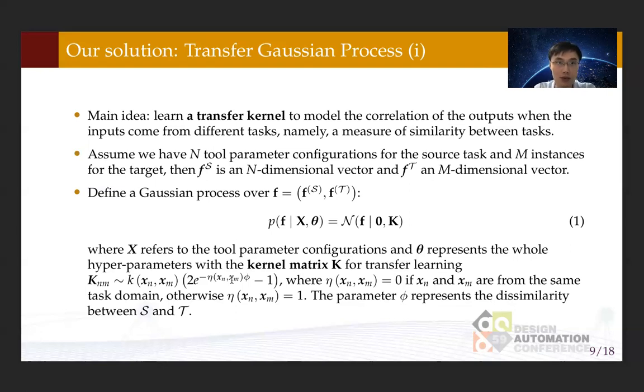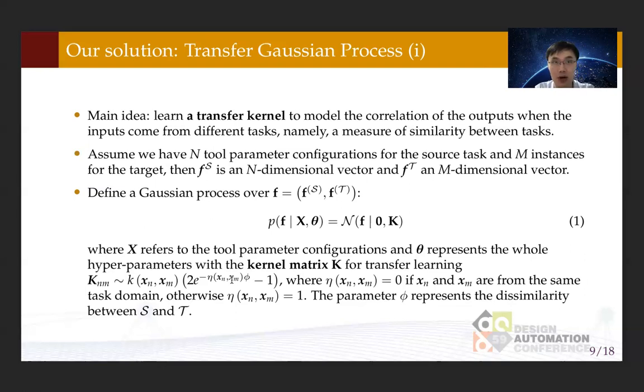The parameter rho represents the dissimilarity between the source task and the target task. We may consider rho to be from a gamma distribution, and by integrating out rho, the kernel matrix with some hyperparameters can be obtained.